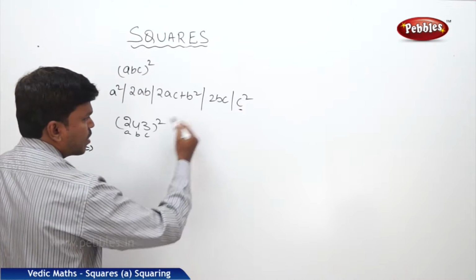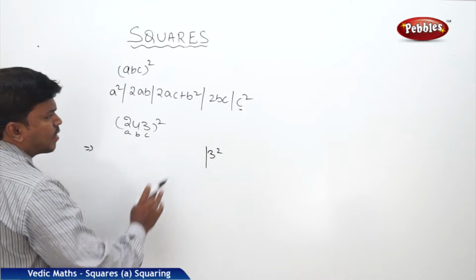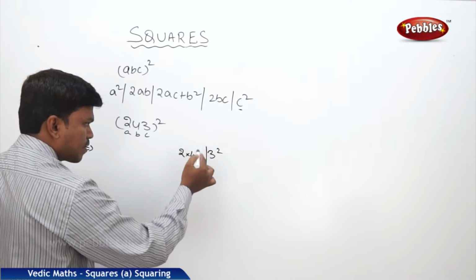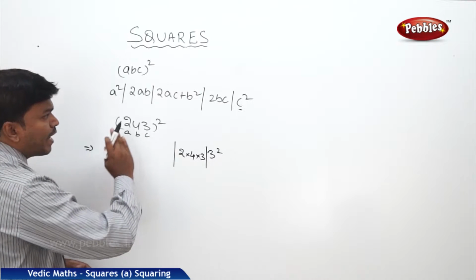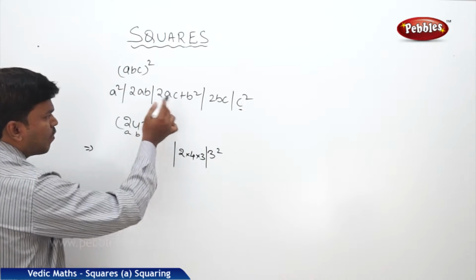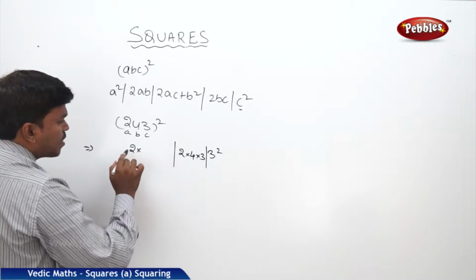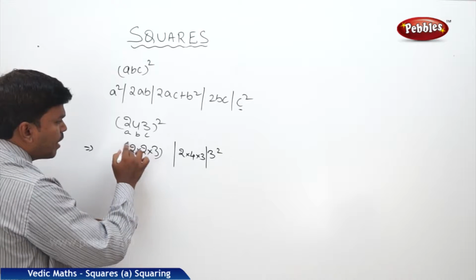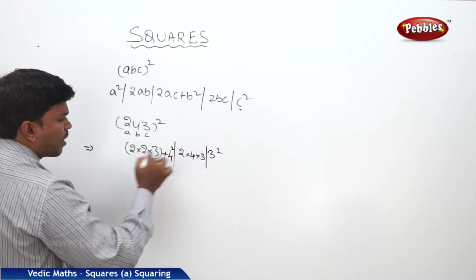C means 3, so C square means 3 square. 2BC, that means 2 into, what is the B value? 4. C value 3. 2AC plus B square. What is 2AC? 2 into A means 2 only, C means 3. So 2AC plus B square, that is 4 square.